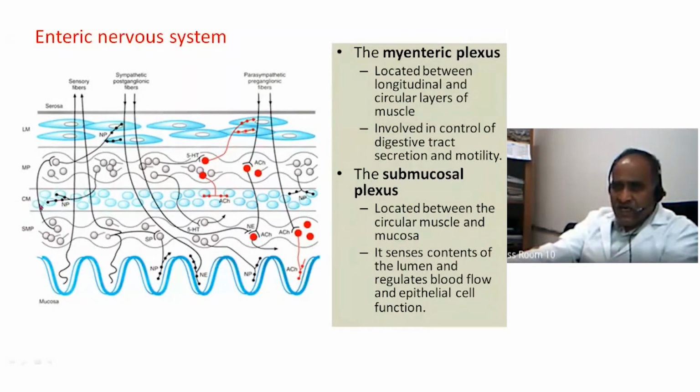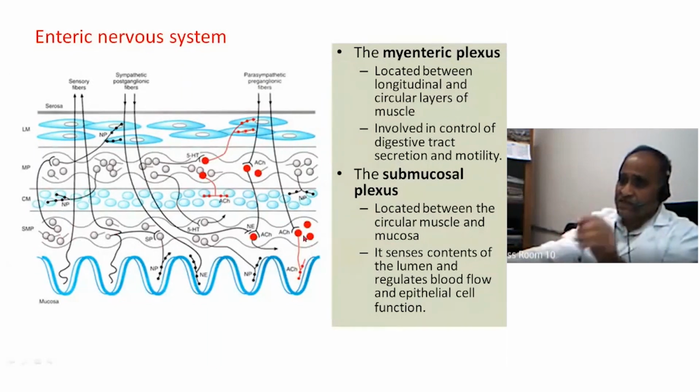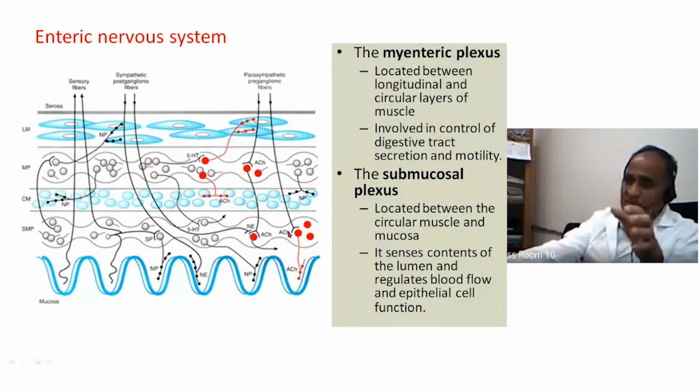Between the mucosal layer and the circular smooth muscle, we have the submucosal plexus. You can see that the plexus is very simplified here. In reality it is more complex, with an infinite number of neurons.